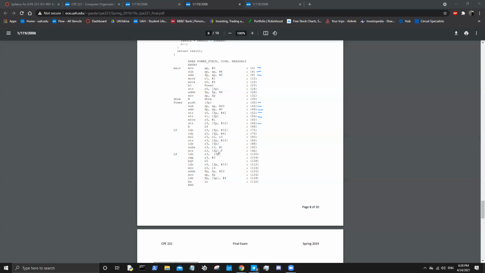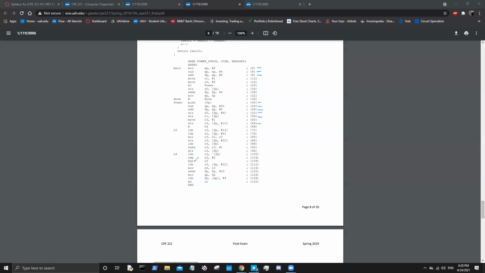Now, it's not moving it from the frame pointer into R3, it's taking a copy and putting it into R3. Therefore, this doesn't actually affect the stack, so you can leave it alone. Oh wait, I missed one. This said branch L4. Jump here. Okay, well, we branched L4 and we did that. So now we got to keep moving on.